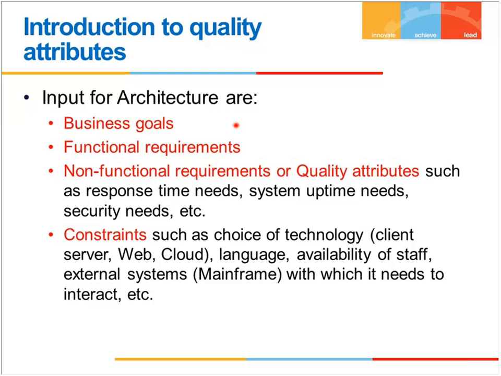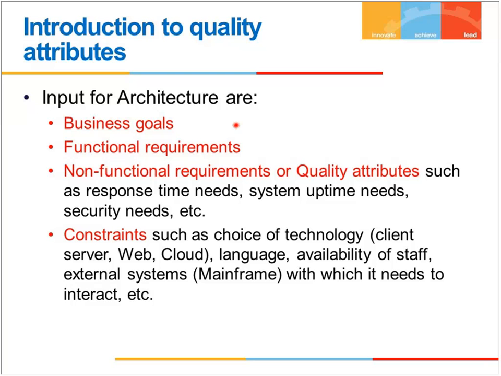And sometimes we also have to fit the new system that we are trying to design into an existing environment. So it's not always that we can do whatever we want, we can employ the best and the greatest technology. We are sometimes constrained by some existing systems. For example, there could be a mainframe already in place with which we may have to interface. So that is not under our control.